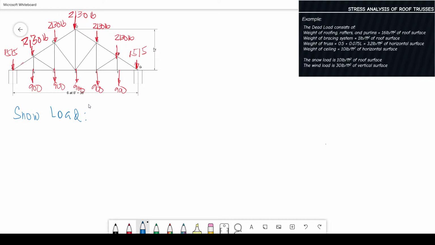For snow load, it is easier. Given is 10 pound per square foot of roof surface. So where do we put the snow load? Should we put the load on the top chord or the bottom chord?